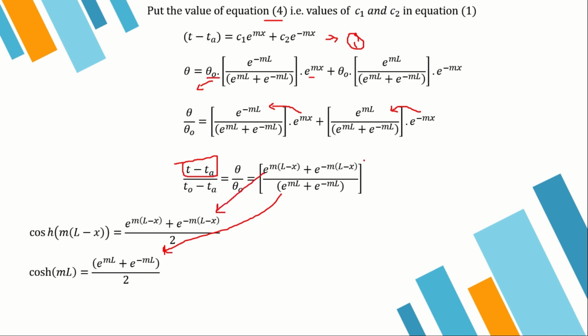So we will be taking divided by 2 on both sides, and the equation becomes (T minus Ta) divided by (T naught minus Ta) is equal to theta by theta naught, which is cos hyperbolic m(L minus x) divided by cos hyperbolic ml.